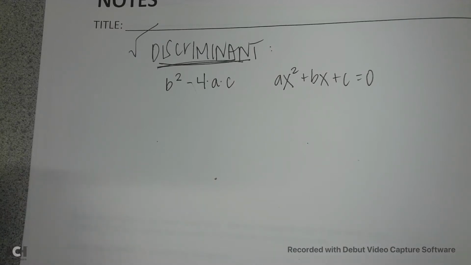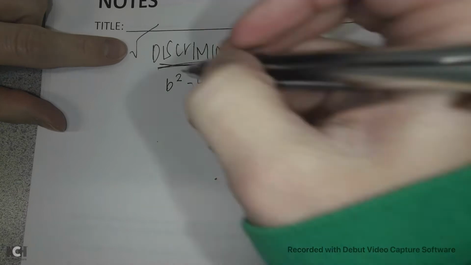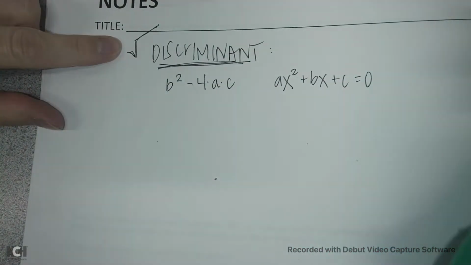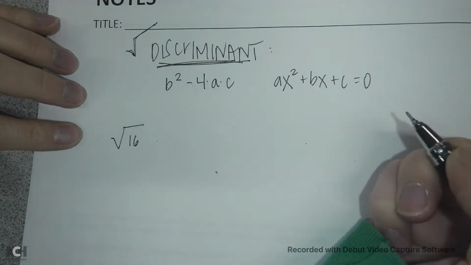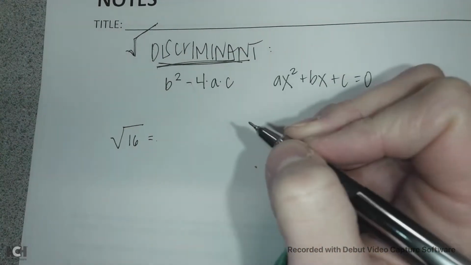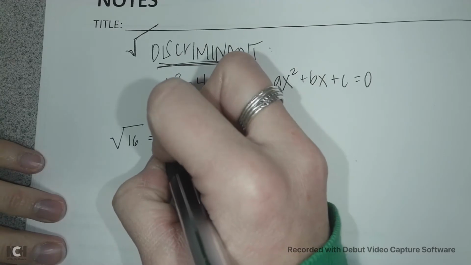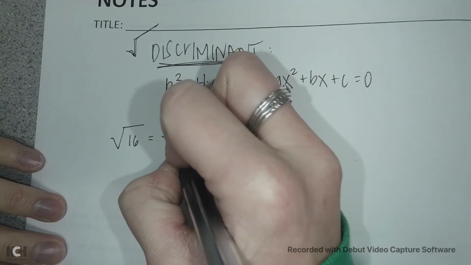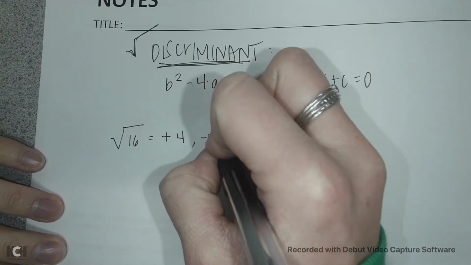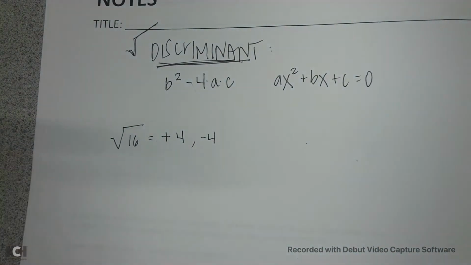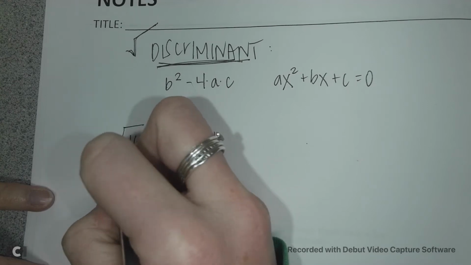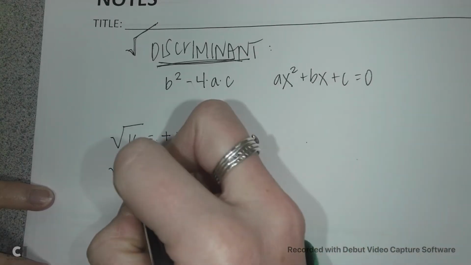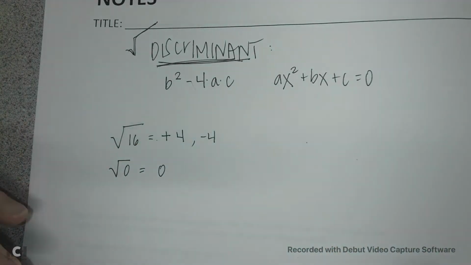Okay, so if you have a radical and you had a nice pretty number like positive 16, well, then I know that I'm going to get two answers. I'm going to get a positive 4 and a negative 4 for my two answers. If I had the square root of 0, then I'm just going to get 0.